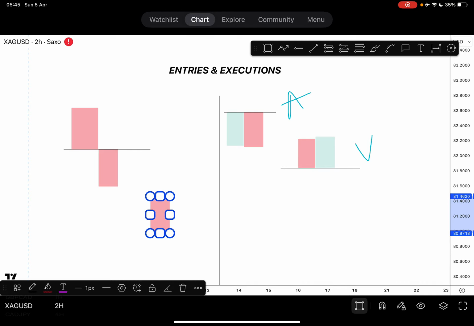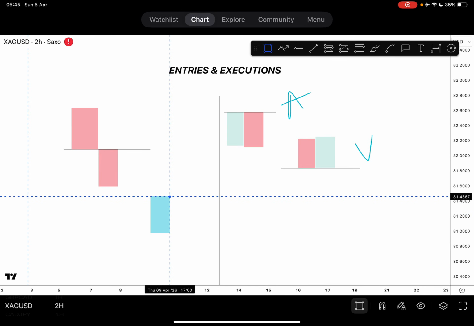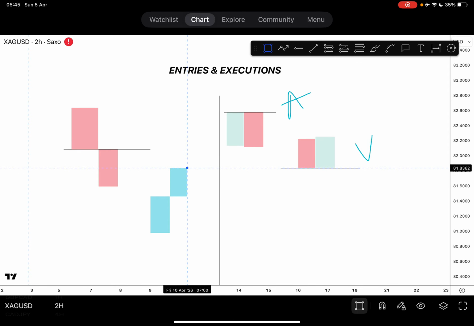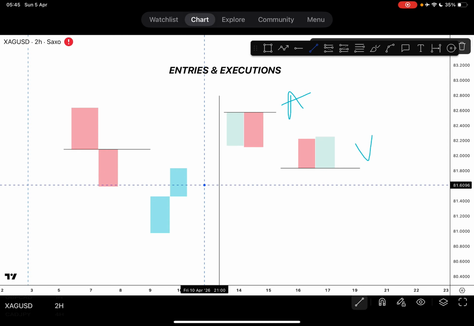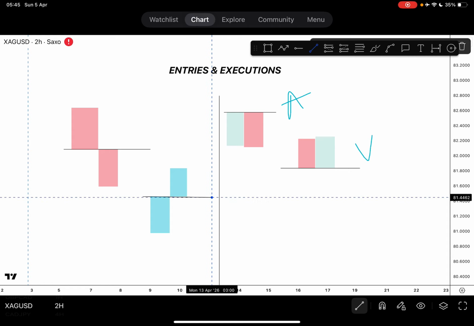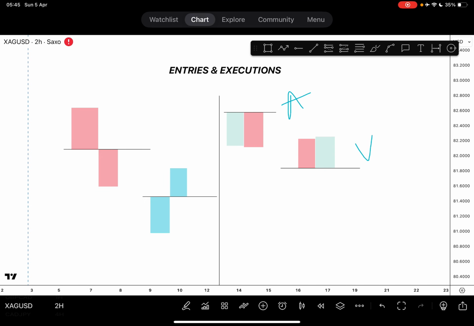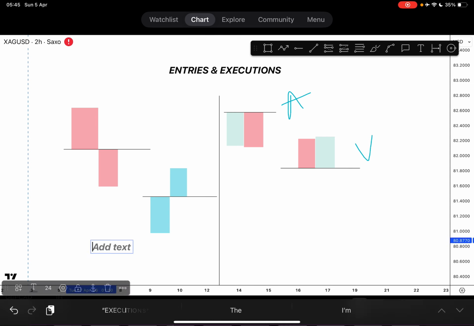Same thing with the bullish open close. The first one is called the bearish open close, and the second one is called the bullish open close. Where the first candle closed and where the second candle opened, that's your open close key level.